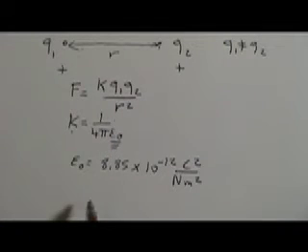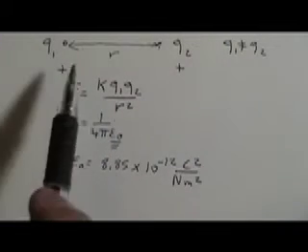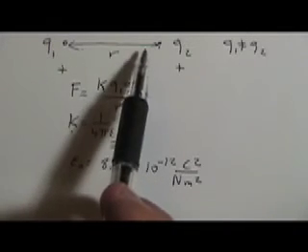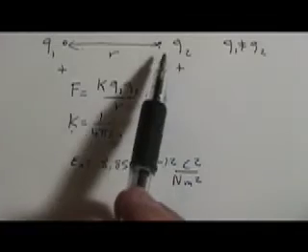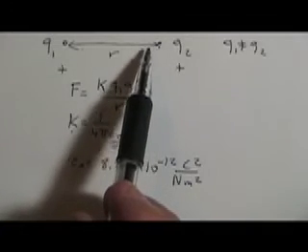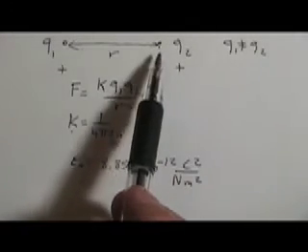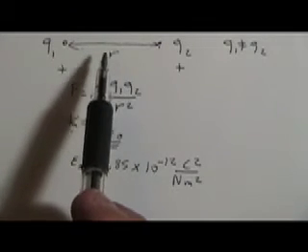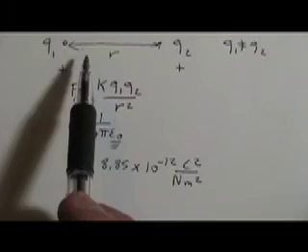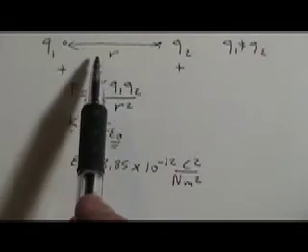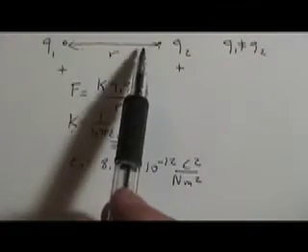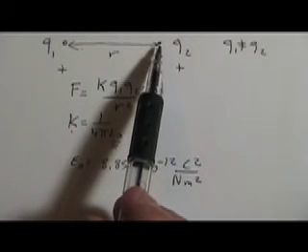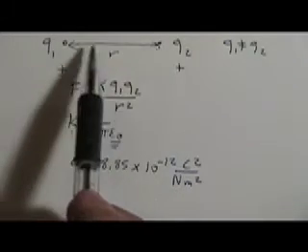It's like two football players, one big and the other small, standing on ice and pushing each other. Of course, the smaller one will go far away compared to the bigger one, but the force acting on both of them is the same, even though one is bigger than the other. So even though Q1 is different from Q2, the force acting on Q2 by Q1 is the same as the force acting by Q2 on Q1.